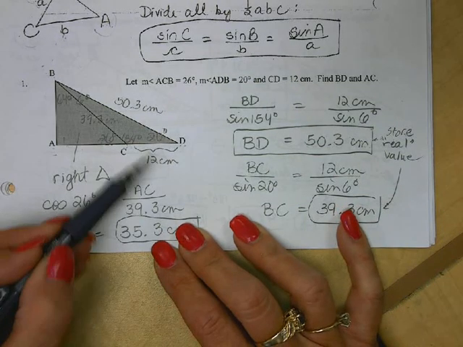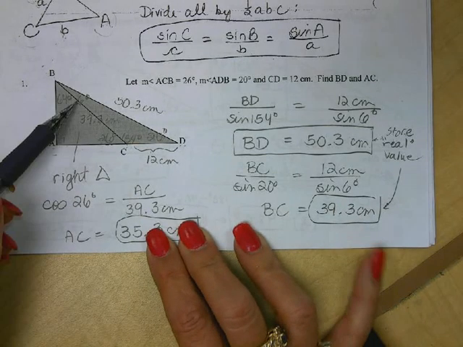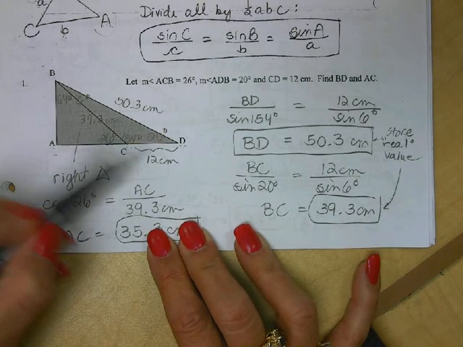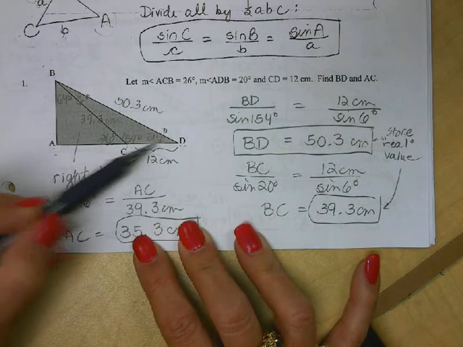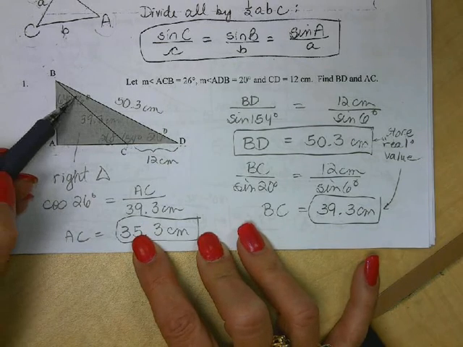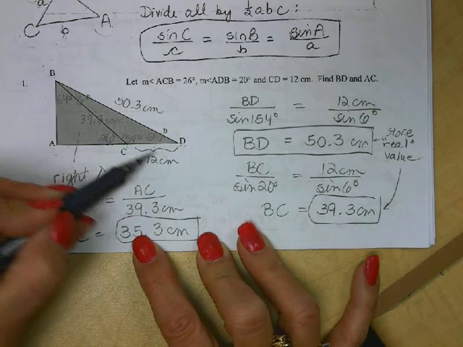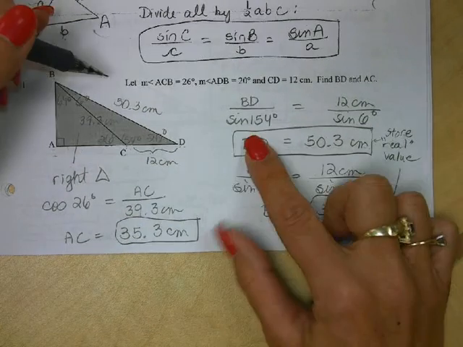And I know one side, and I know all three angles. And the key thing is if you know a side-angle pair, I know that 6 degrees is opposite 12 centimeters, and I know the other two angles, I can automatically use law of sines. So once you know a side-angle pair, law of sines is your friend. So we set up the ratio.